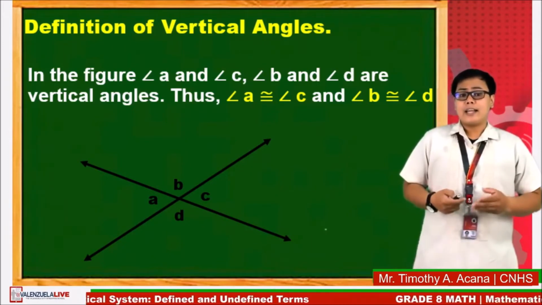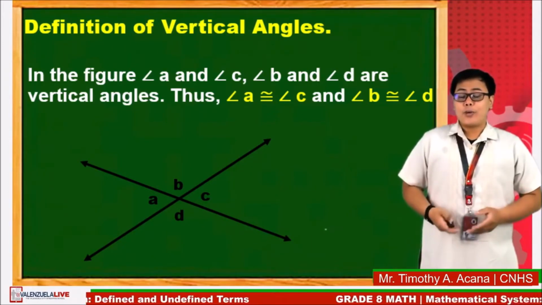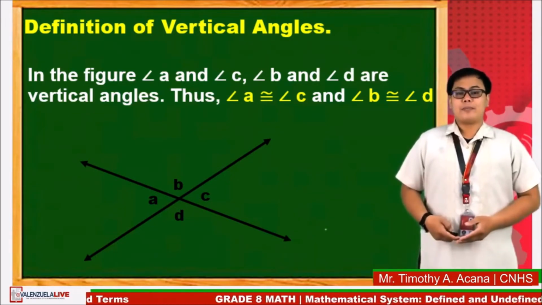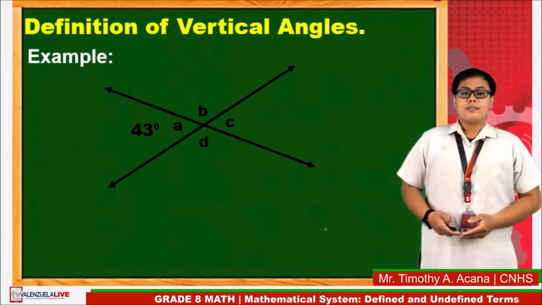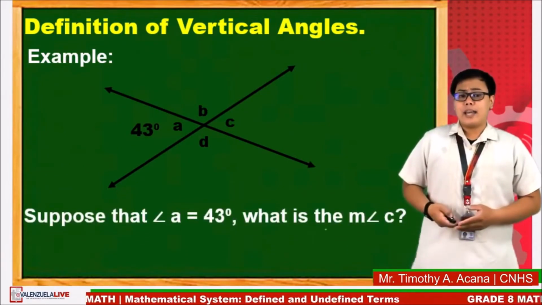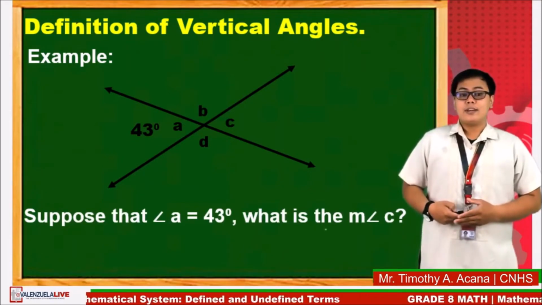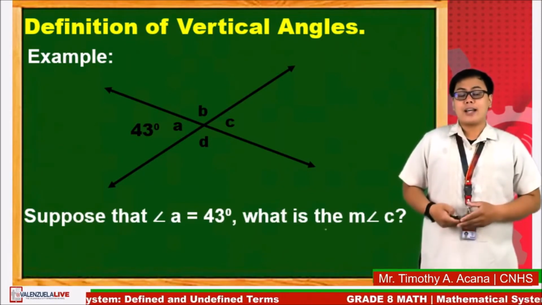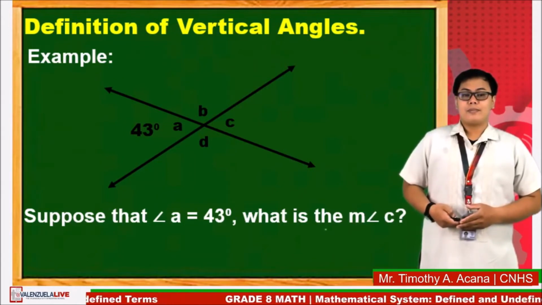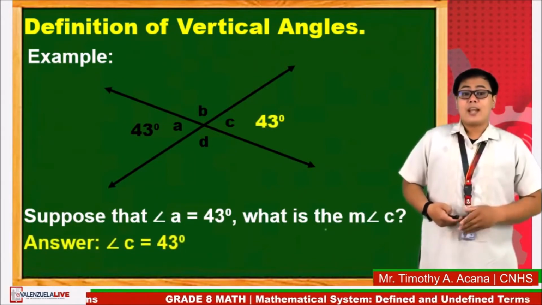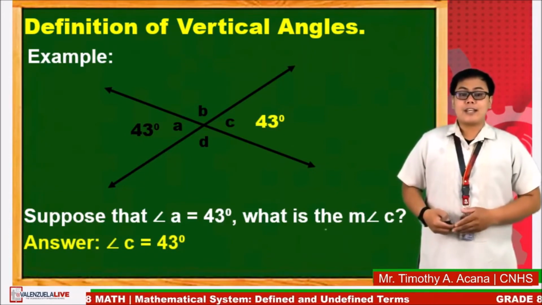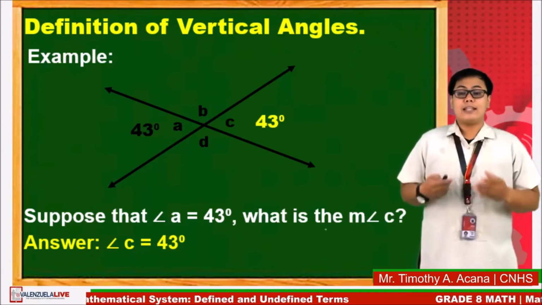Thus, angle A is congruent to angle C and angle B is congruent to angle D. In this given figure, suppose that measure of angle A is equal to 43 degrees. What is the measure of angle C? You are correct. Angle C is equal to 43 degrees since they are vertical angles and they are congruent and equal.